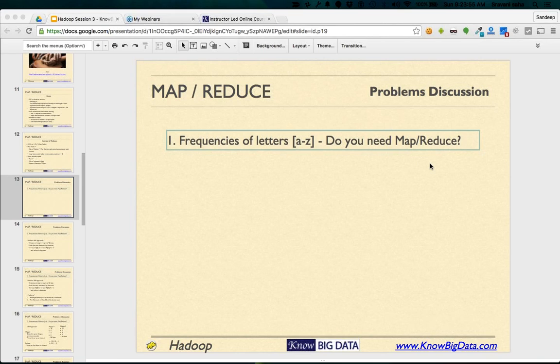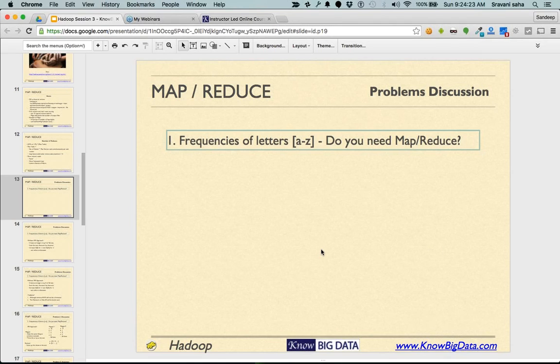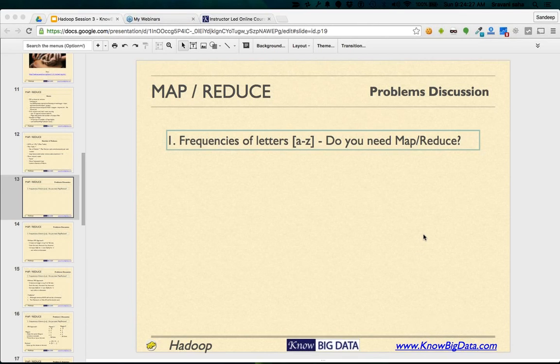Will you need MapReduce, or will a single machine be enough?